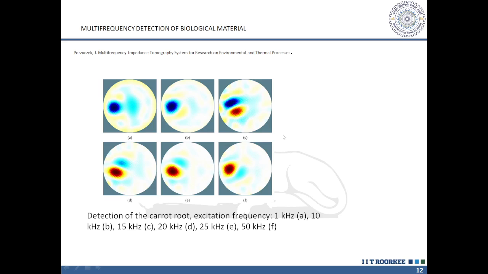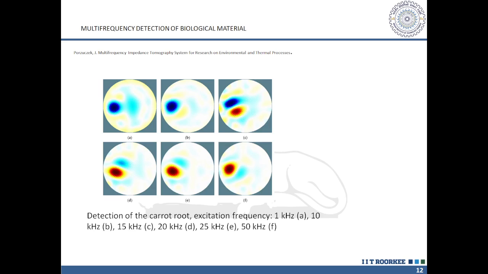So the point comes, why do images change? We can simply say the logic behind that is obvious: the conductivity should change while changing the frequency.